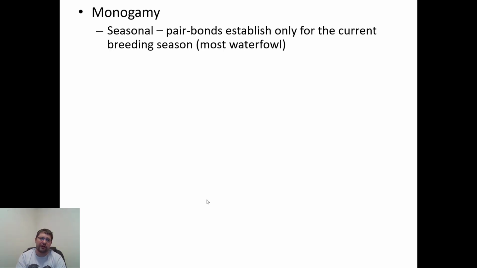Now, we once thought in the 80s and the 90s that waterfowl and other birds bred for life, but we now realize with better data and genetic analysis that it's not the case. They actually rarely breed for life. Now, there are some species of birds that do breed for life unless their mate dies, and then they'll find another mate. But most waterfowl are actually what we call seasonal, or what we normally say is the monogamy is seasonal.